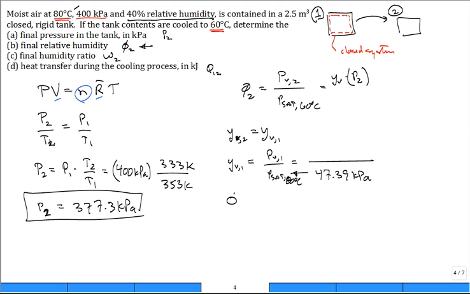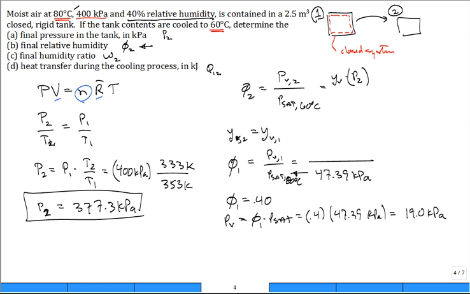Phi is 40%, and so PV is equal to Phi times Psat. That's what I was doing wrong. This is relative humidity at 1. Okay, so it's 0.4 times 47.39 kPa, and so the partial pressure of the vapor at state 1 is 19 kPa. All right?